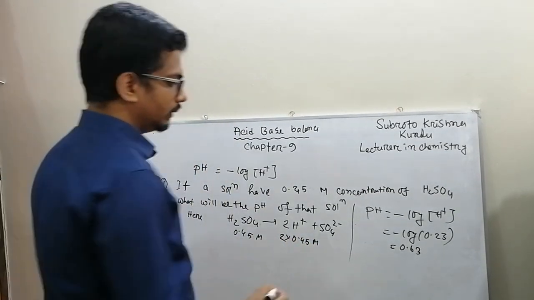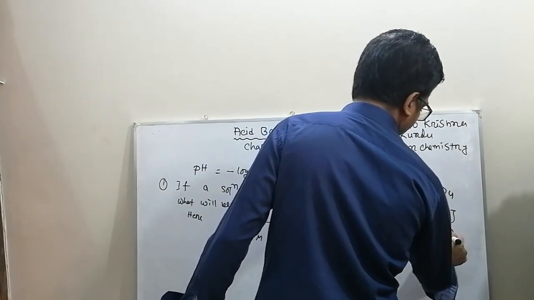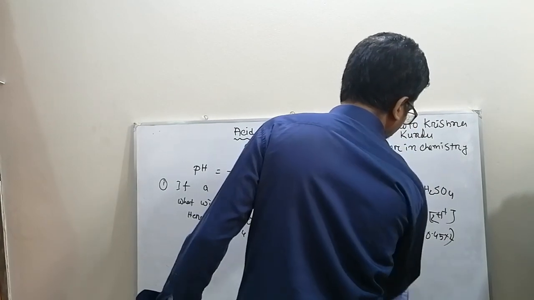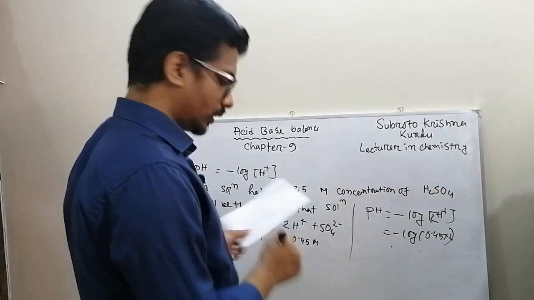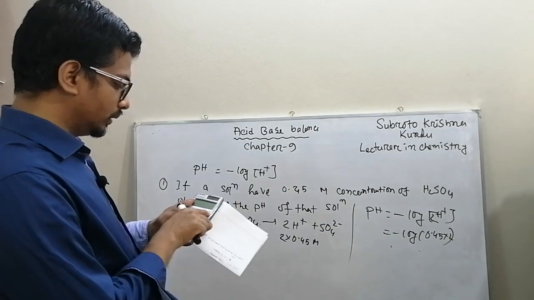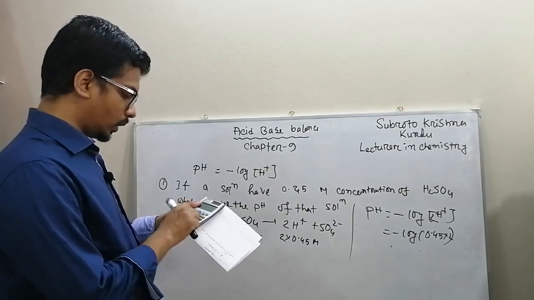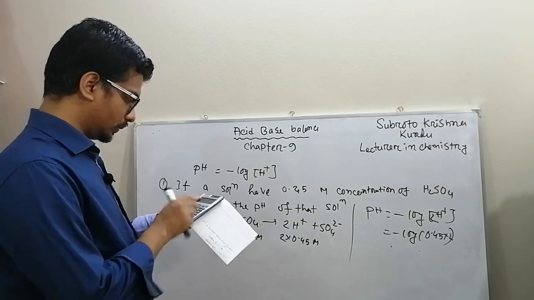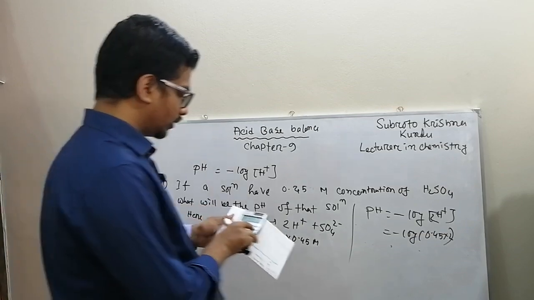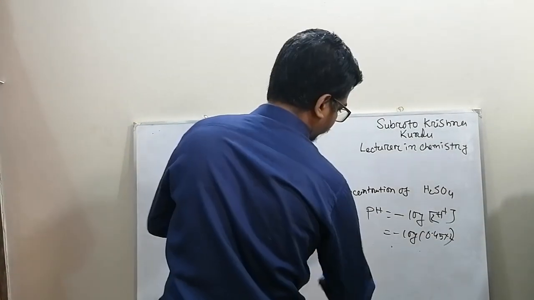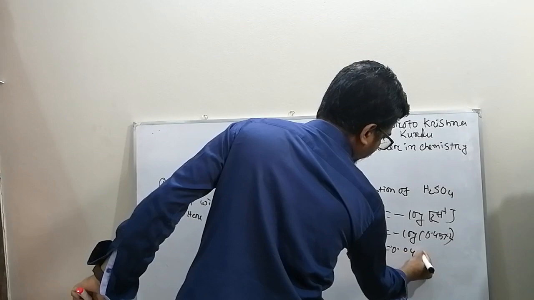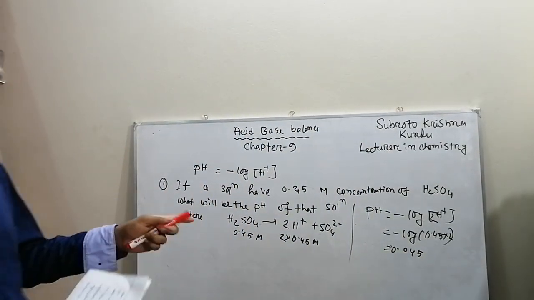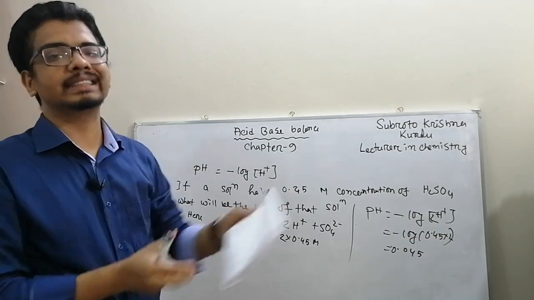So the H plus concentration is 0.45 into 2, and the pH value will be minus log of 0.45 into 2, which is 0.045, and it is also low in value, so it is a high concentration of acid.